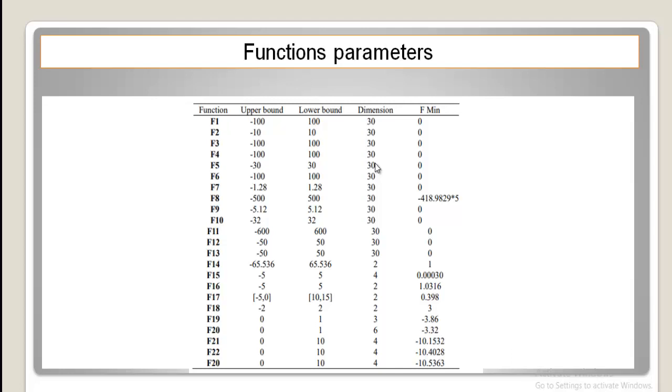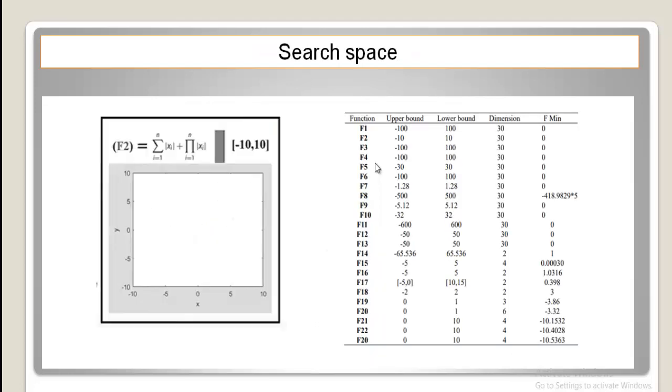Function f2 involves both the sum and the product of absolute values of its variables, making it challenging for optimization algorithms due to the potential for a steep gradient and a large search space. The image illustrates the search space for this function, which is bounded within the range of -10 and 10 for both the x and y axes.